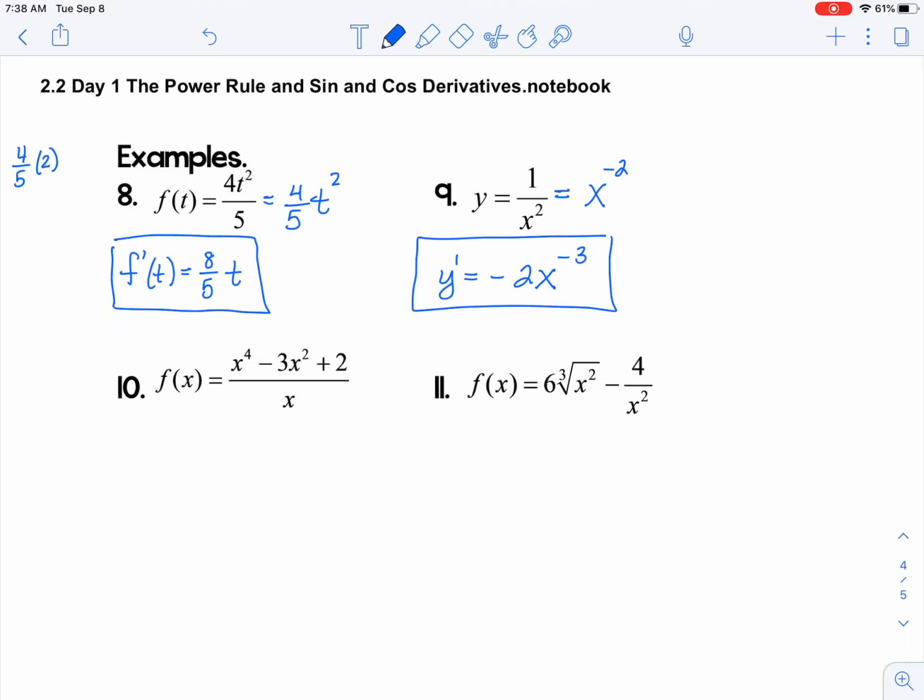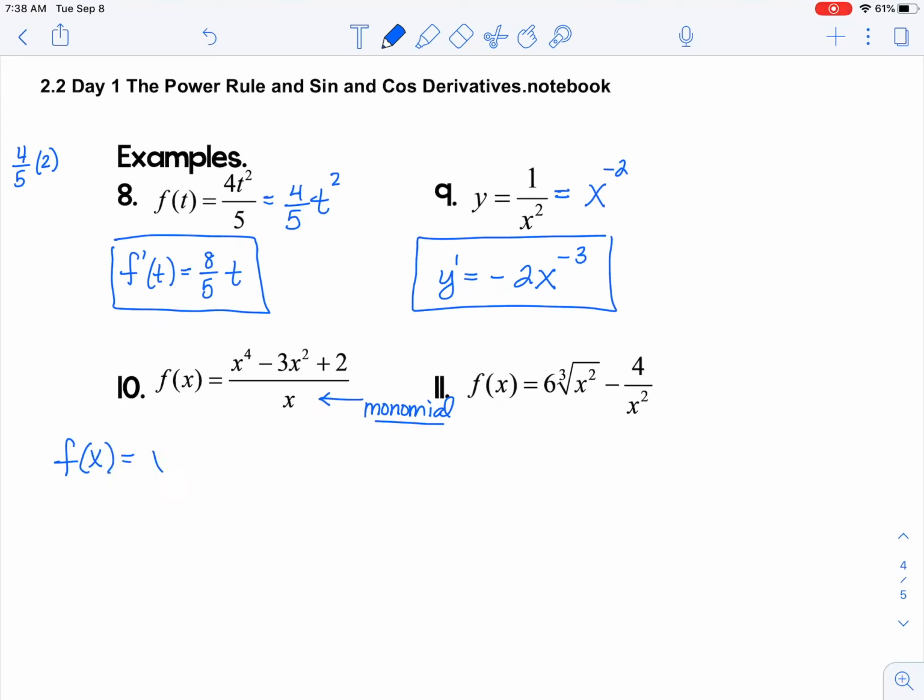All right, number 10 looks like something totally different, but it's not, because you are dividing by a monomial, a single term. Monomial is a single term, which means you can just divide each of them by x. Okay, so if we divide each of them by x, we can rewrite this f of x, we're not taking the derivative, we're rewriting it.